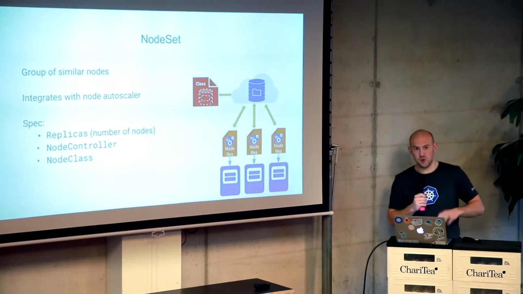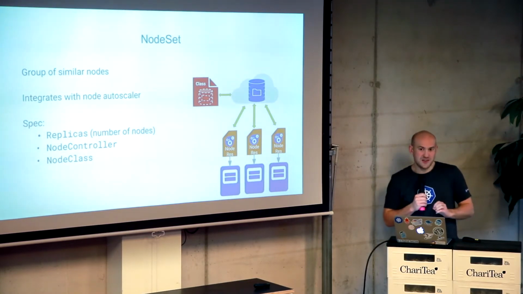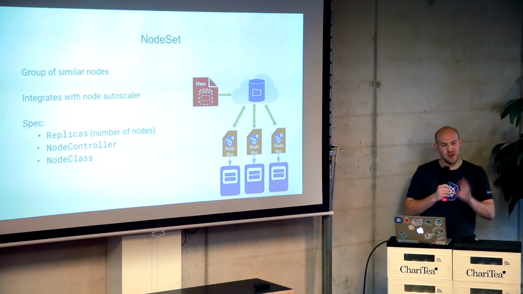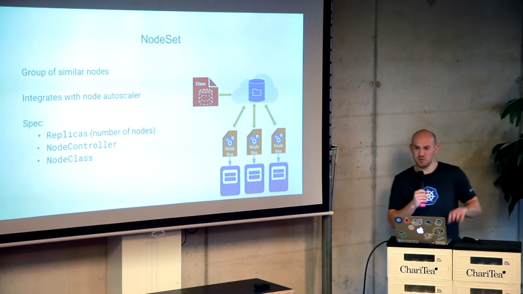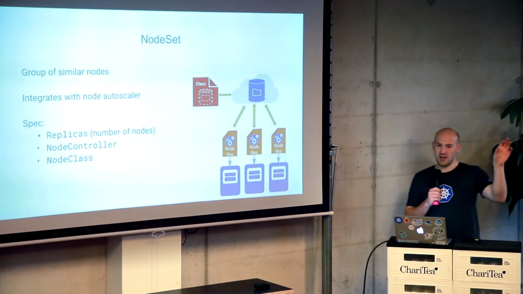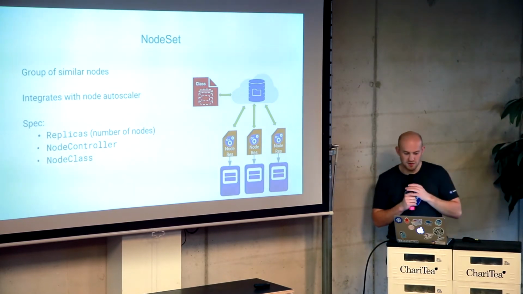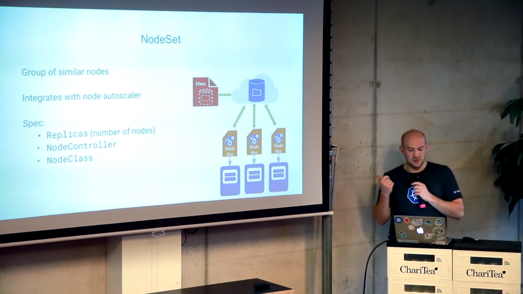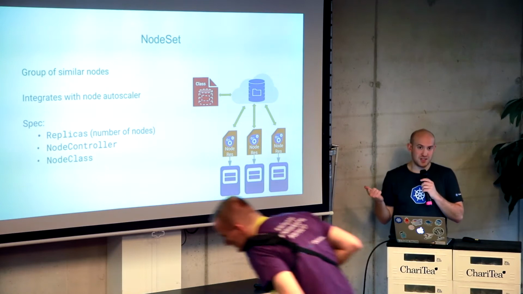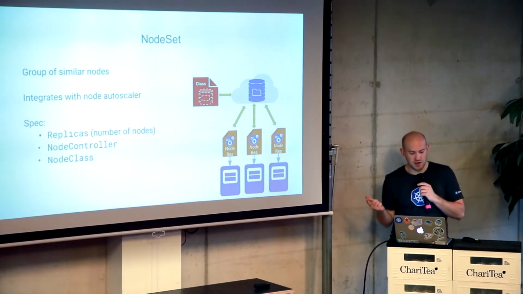NodeSet integrates with the Node Autoscaler, and basically it's the equivalent of a deployment and pods. Think of nodes as being like pods. The NodeSet is the deployment for pods. So it defines things like the replicas, the node controller that's going to take action against this node set, and the node class.